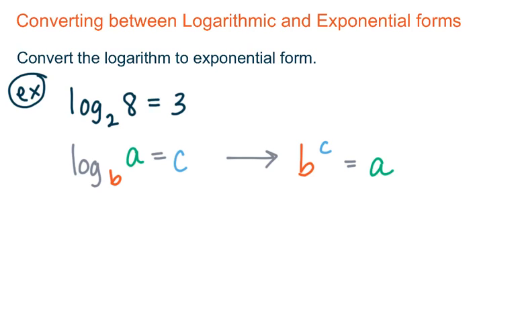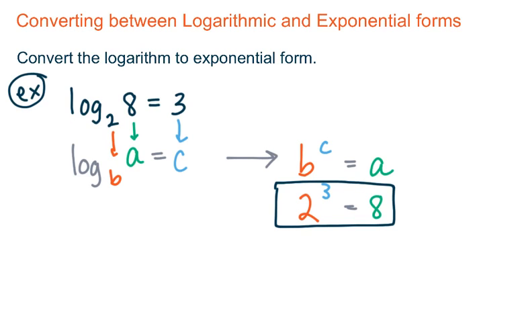So if I want to convert this, my base is 2, so I have 2. My c value is 3, so 2 cubed equals, that original argument was 8. So this represents the given logarithm now in exponential form.